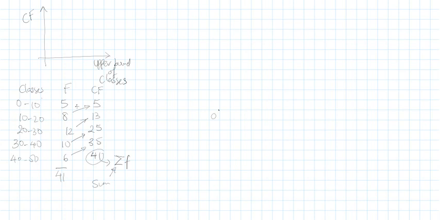So these are the upper bounds: 10, 20, 30, 40, 50. You could decide to have one square for 10 units if you want. Let us see how it looks. 30, 40, 50. It's a bit squished.